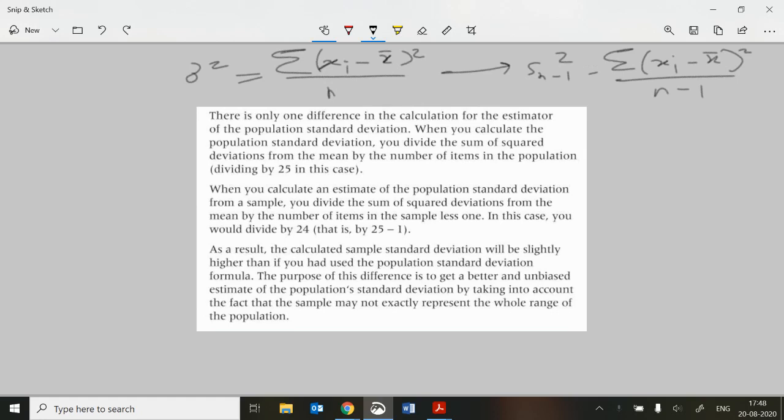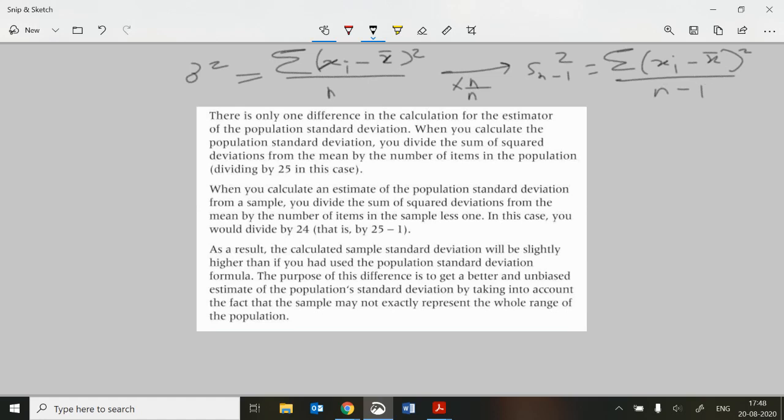Well, of course, you could just do this calculation here. But if you've already worked this out, then what do you do to it? We need to get rid of the n by timesing by n, and then we need to get a new divisor of n minus 1.